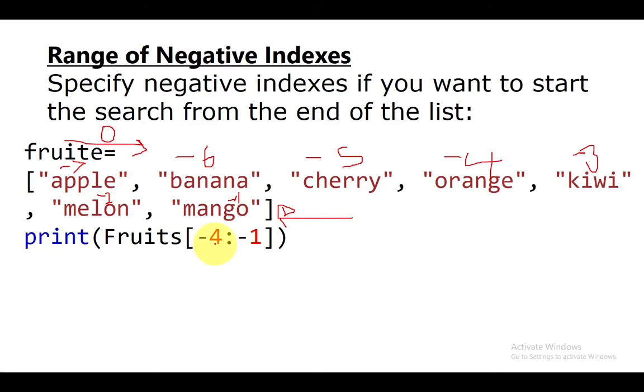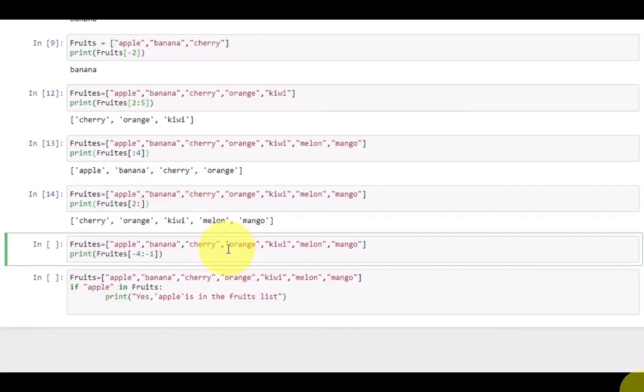So right here, we're going to print out orange and melon. Mango is not going to be part of it because Python doesn't print out the last value where you stop. So counting from backward, from mango, melon, we start from -1. So we're starting from -4, this will be -1, -2, -3, -4.